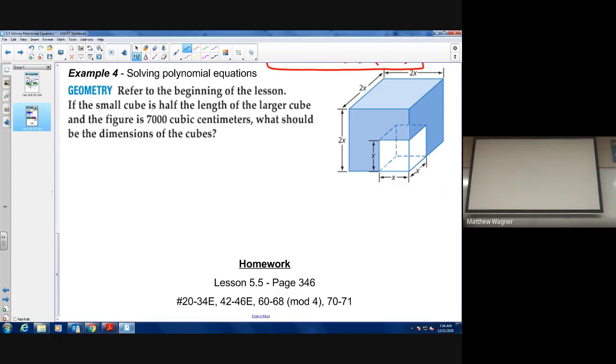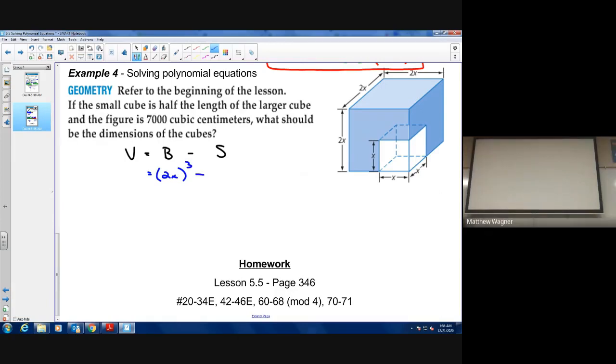It looks like we took a chunk out of a large cube. So if I think about the volume of the shaded region, I'm going to have to subtract the small from the big. Sorry, I said it wrong. So the question is, what is the volume of the large shape? Well, it is 2x cubed.